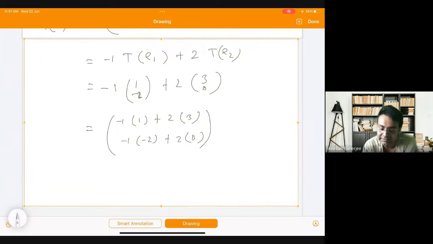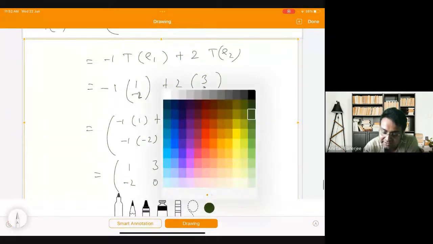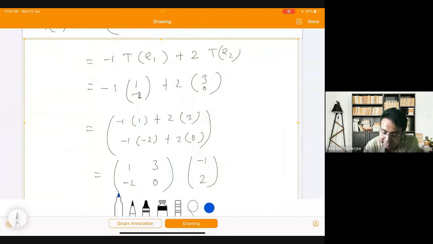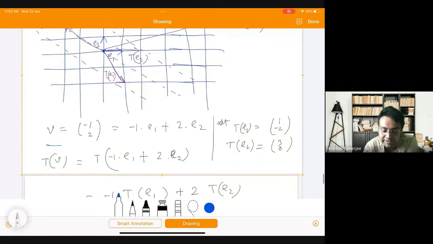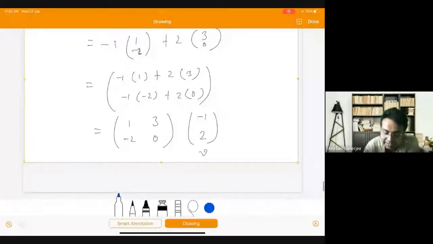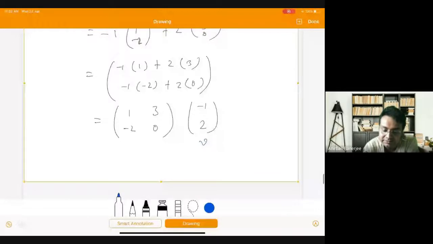And this can be written as the matrix 1, -2, 3, 0, and the vector -1, 2. And what you can see is that this is actually vector V. If you remember, V is -1 comma 2.